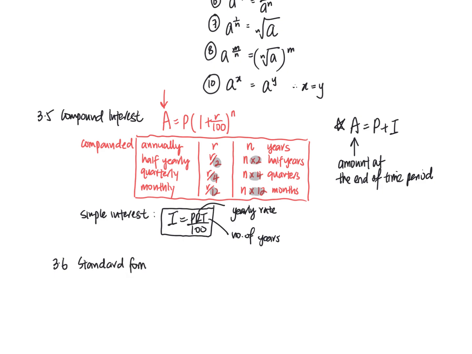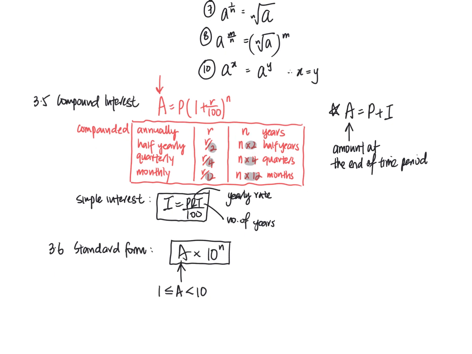Standard form, you just take note, we always express our answer as A times 10 to the power of n. This A has a restriction: it must be greater or equal to 1 but strictly less than 10. So it's usually a single digit. You wouldn't see an 11 point something. And if it's exact, then you leave it.